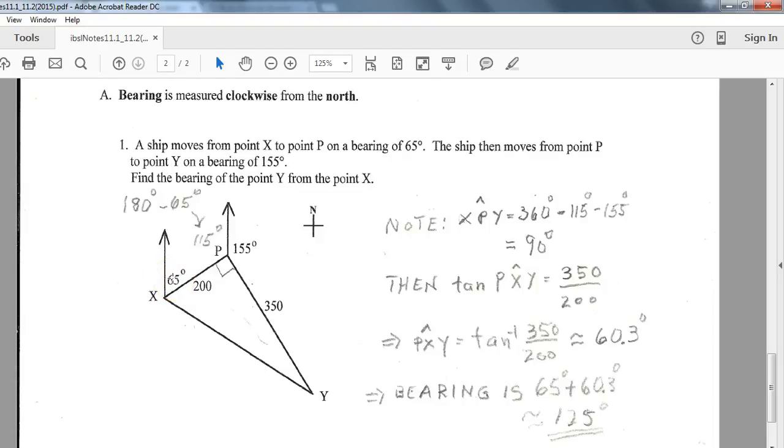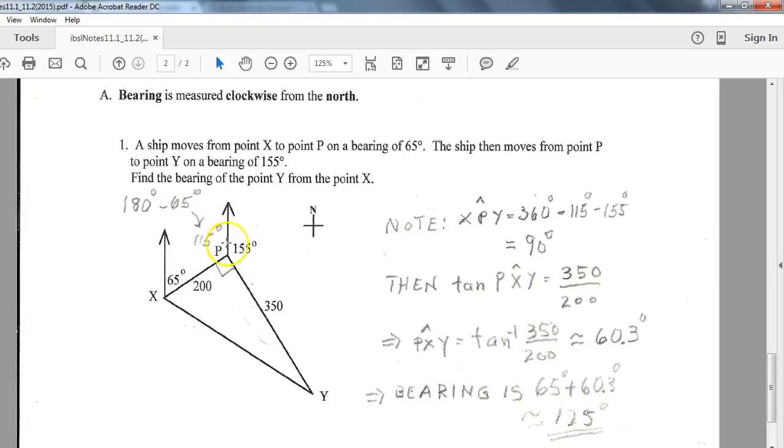So a couple other things that we would have to come up with on our own here. Remember that if we have vertical lines right here, right, these are consecutive interior angles and must add to 180. So if that is 65, that must be 115. We already knew that this was 155 from the problem.